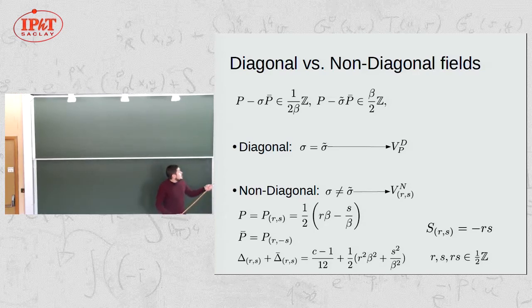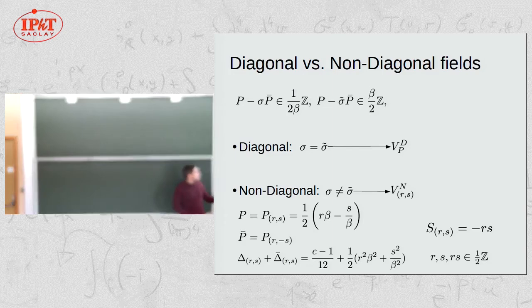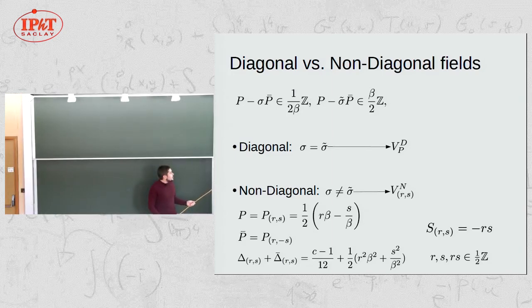then inserting this into these equations, we find that the momenta should have a specific form given by two numbers r and s. What we find is that the left moving momentum should be of the form P_(r,s), which is 1/2 (r beta minus s over beta), and the right moving momentum should be of the same form but with this sign over here flipped.